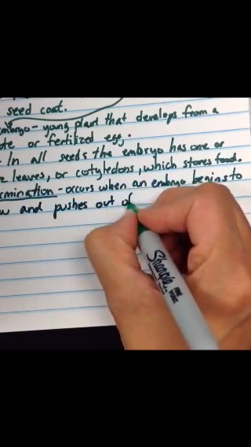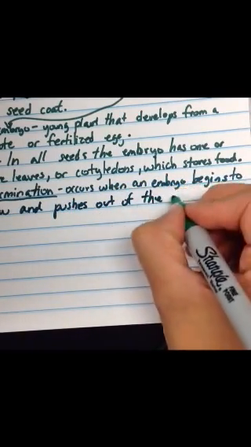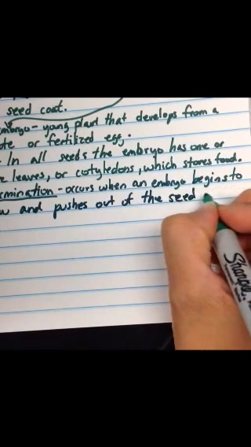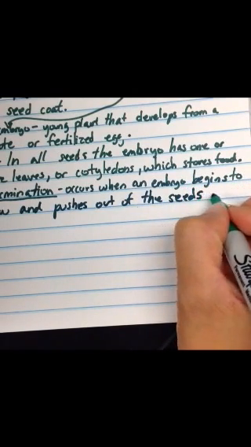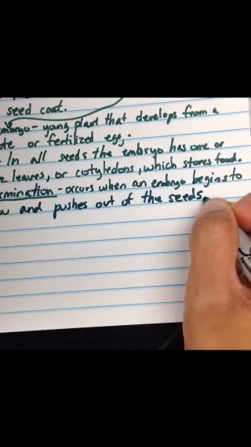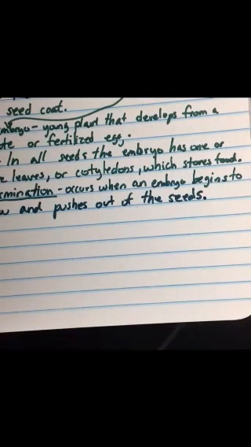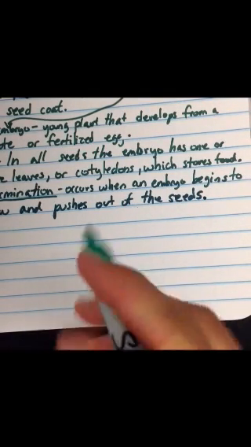If you think about the beans that you guys started at the very beginning of the school year, we put little beans in cups, and suddenly the beans had little leaves coming out and they grew into a little plant. That's the process of germination.